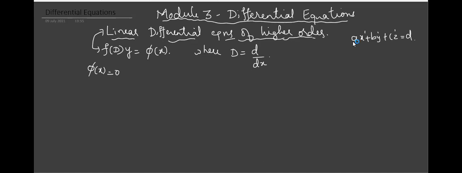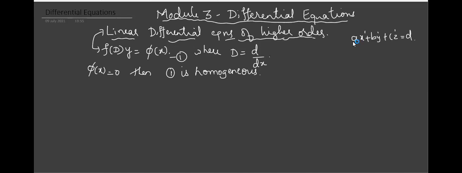Now, if this phi of x is equal to 0, suppose this RHS part is 0, then I'll call this equation 1. So this equation 1 is no doubt a linear differential equation of higher order. It is even called, the next extension is, homogeneous. So this linear differential equation becomes homogeneous if the RHS part phi of x is 0.